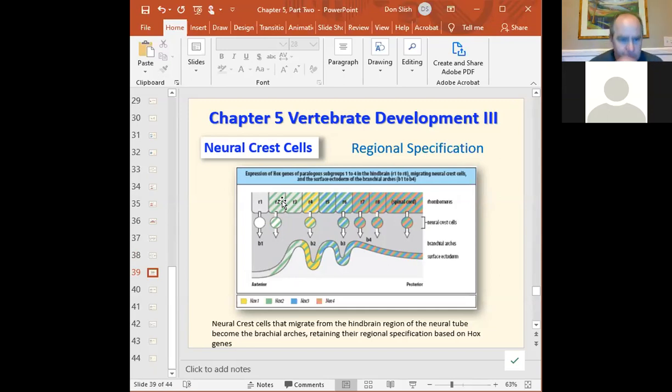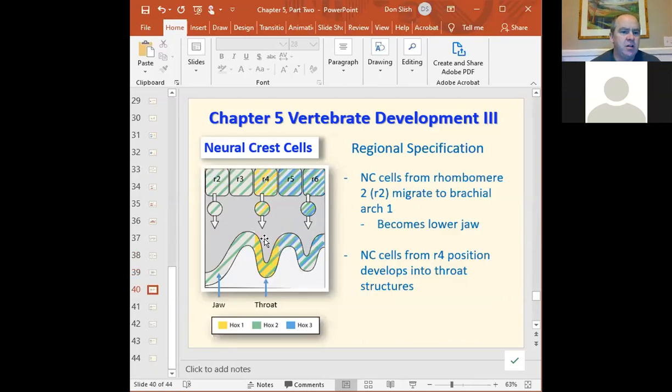So the neural crest cells that come from a specific rhombomere will make a specific structure. So here you're making jaw, over here you're making gill arches or whatever. Here, this is better. So you're getting throat here from R4 and R2.